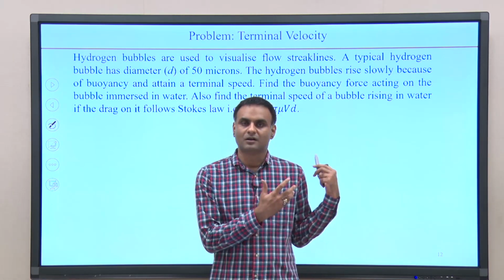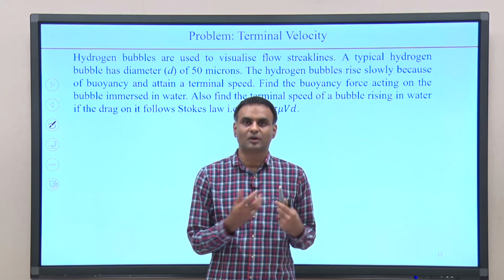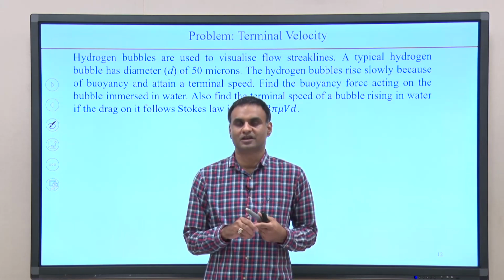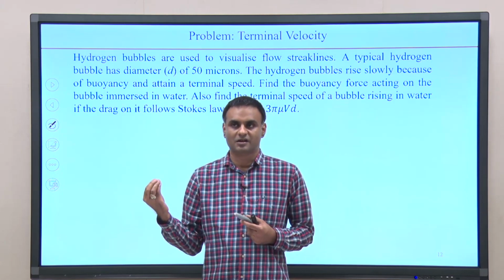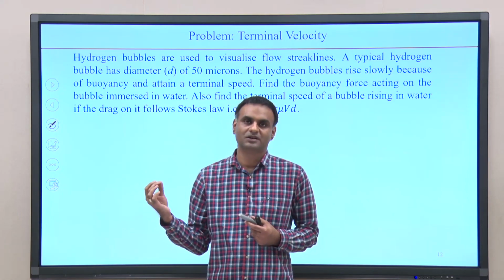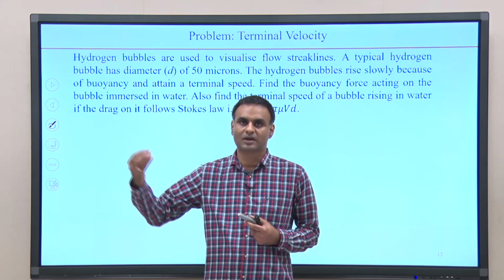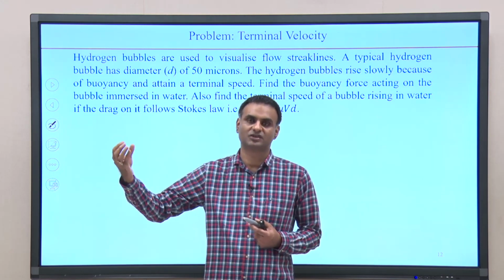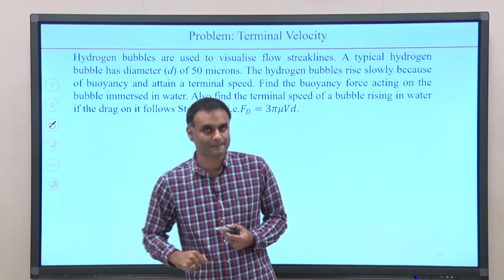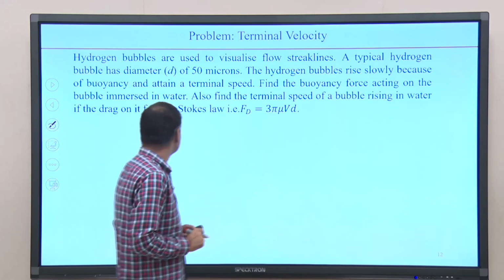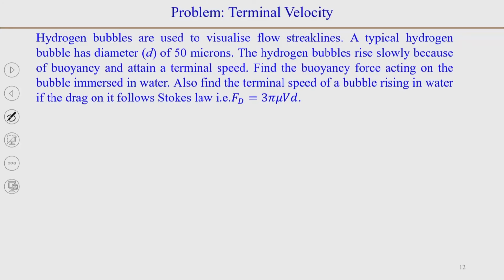The hydrogen bubble talked about in this example is one such tracer, which is very small in diameter and will quickly relax, so its velocity will be equal to the fluid velocity within no time. Okay. Stokes flow generally refers to flow when the Reynolds number is very small.